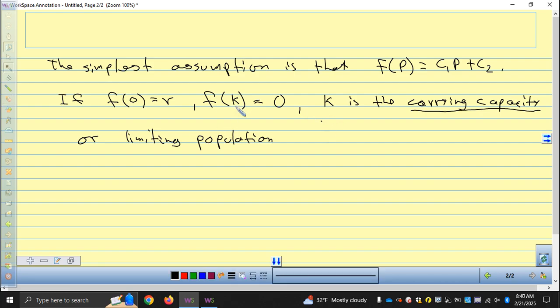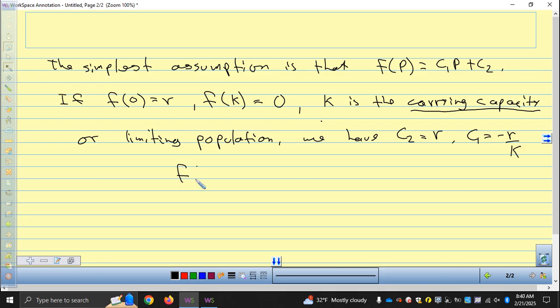So at some value of the population, our growth in our population is 0. We have c2 equals r, and c1 equals negative r over k.